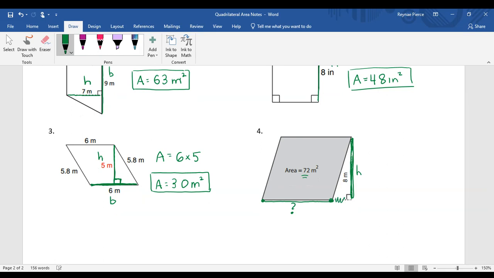This part out here does not matter. But again, I know my area is 72. I don't know my base. I know my height is 8. So to find that base, I'm going to divide both sides by 8. My base is 9 meters long then.